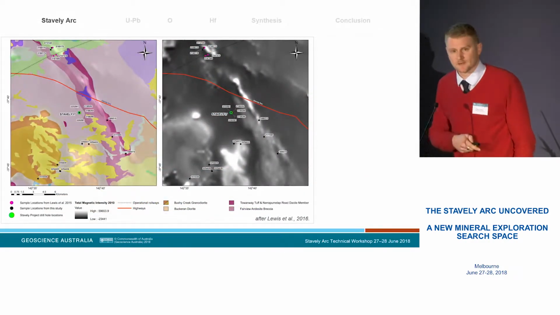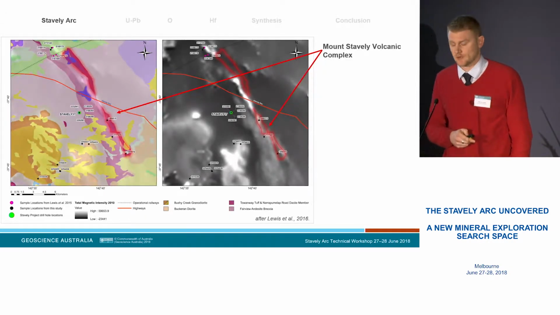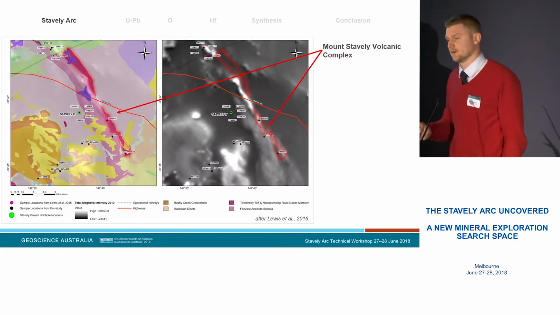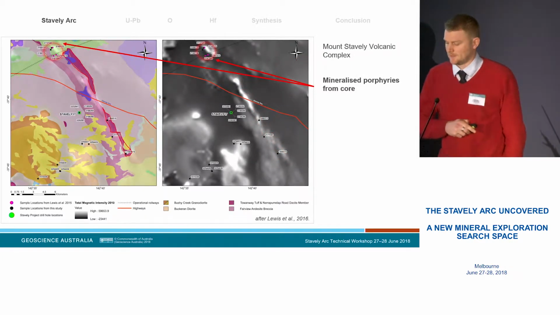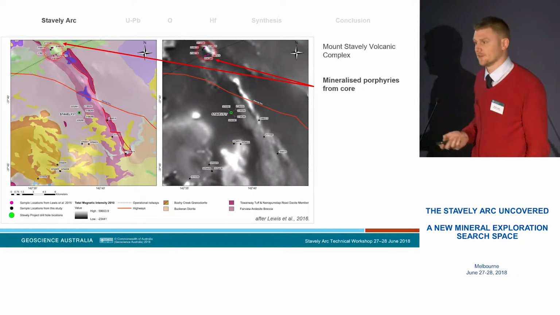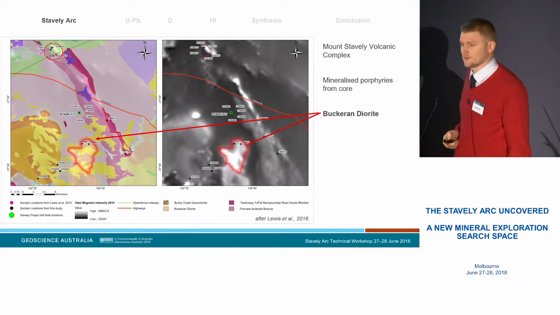So the rocks in question that we're going to be discussing today, we have the rocks from the Mount Stavely Volcanic Complex, and they include the Narrapumelap Road dacite member and the Tilmway Tuff. A number of the mineralised porphyries from core up at Thursday's Gossan deposit. The Buckaran diorite in the north.